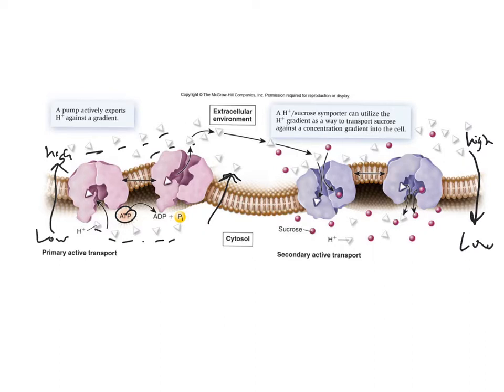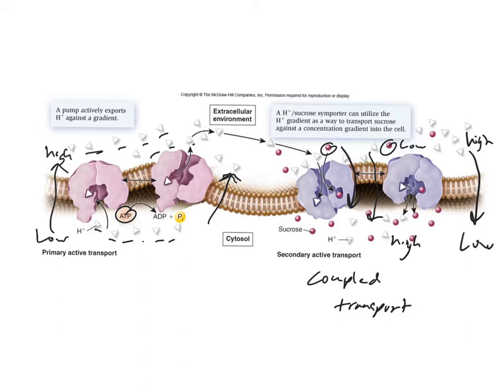And in this case, this is coupled transport. The energy of hydrogen moving from high to low in this direction is being used to pull sucrose, in this case, from low to high. The cell needs high levels of sucrose inside, just like it does glucose, and so it's going to pull them inside so it can digest those. So it's taking it from the bloodstream where there's lower amounts, pulling it into the cell where there's higher amounts.